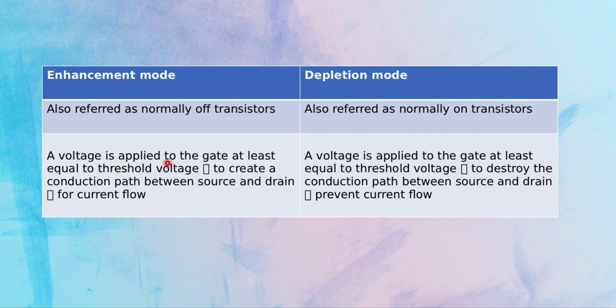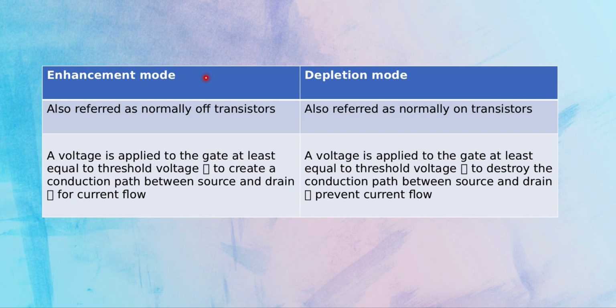Now when you apply a voltage equal to the threshold voltage, you try to create a conduction path between source and drain and you make the current flow. But in depletion mode, when you apply a voltage that's almost equal to the threshold voltage, you're not creating a conduction path, but instead we're destroying the conduction path that exists between the source and drain. And because we destroy the conduction path, we prevent the current flow in depletion mode.